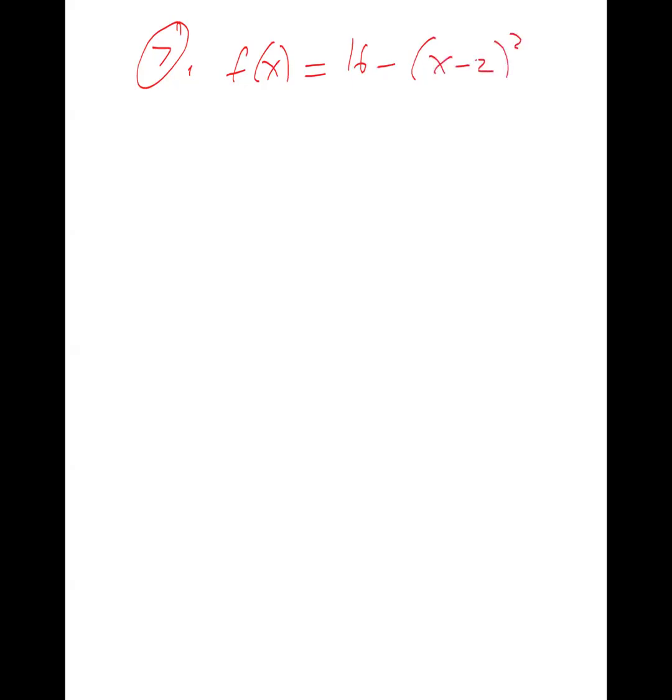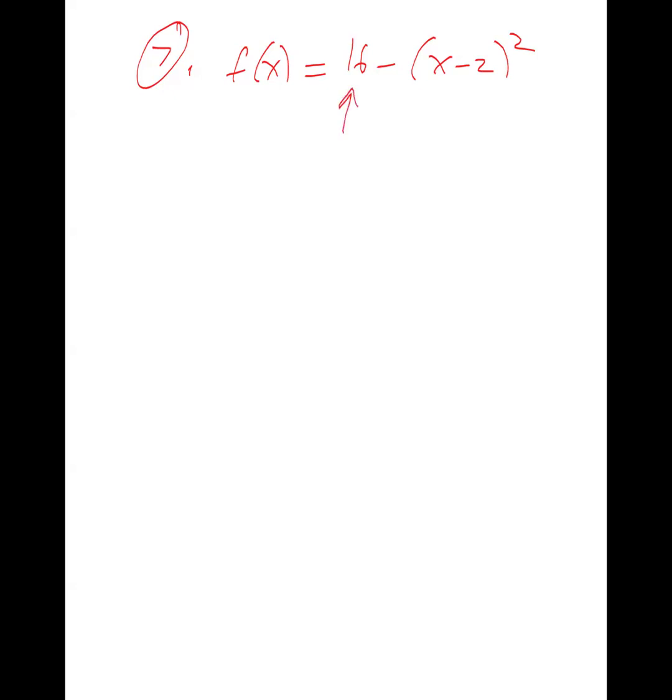Cool. So f of x equals 16 minus parentheses x minus 2 squared. This one's in the wrong order. So can you still identify what the numbers are for A, B, and C, even though they're in the wrong order? So what's the value of A? This is in standard form, but it's not in the right order of standard form though.